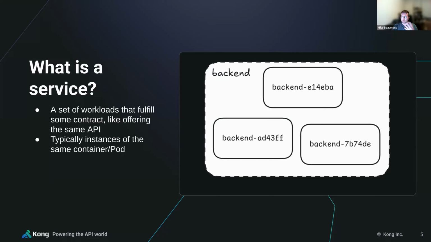And there's more than one of them in order to have things like high availability, in case they're unstable, and to scale up in the case of increases in traffic, and scale down.